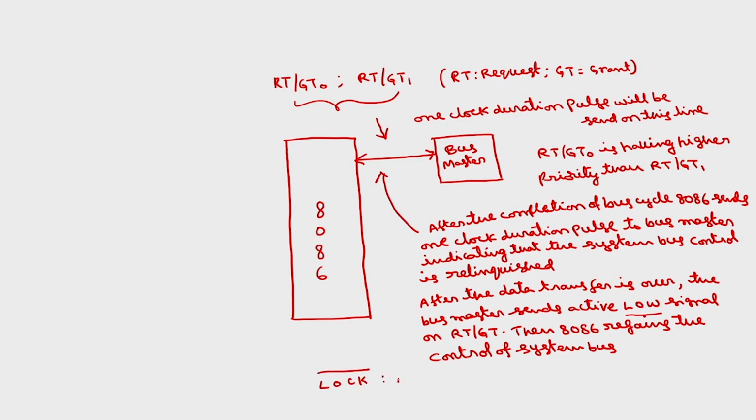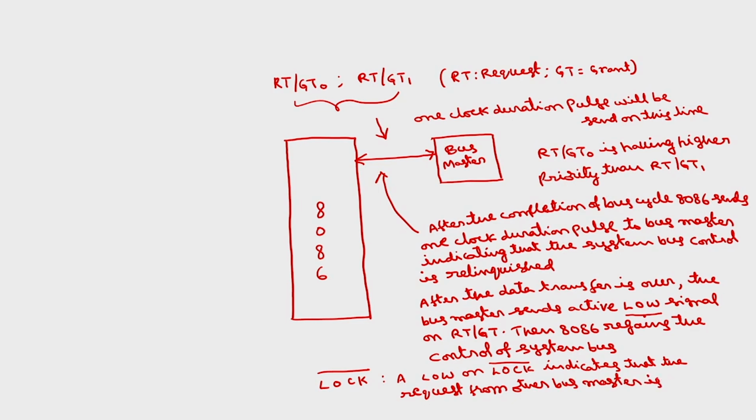A low on the LOCK bar signal indicates that the request of the other bus master is not granted, is prohibited.